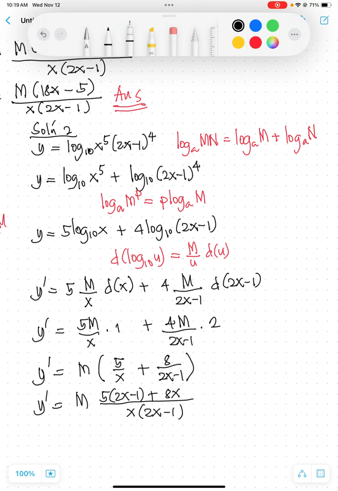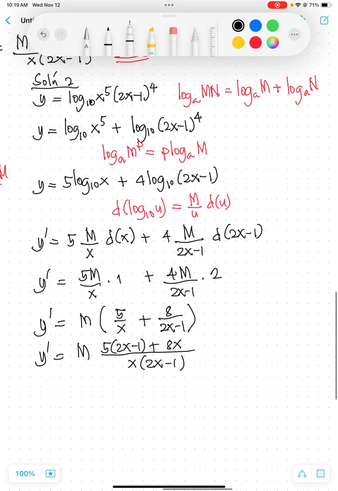So y prime equals m, and then 5 times 2x minus 1 is 10x minus 5, plus 8x, divided by x times 2x minus 1.